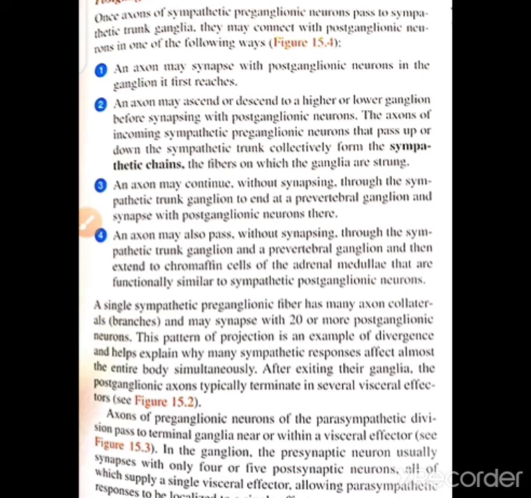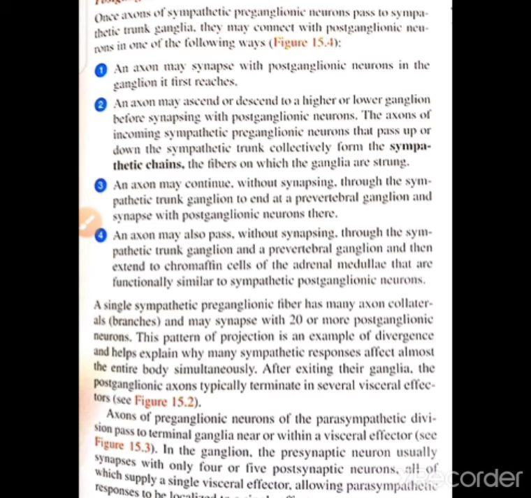So this reflects why sympathetic activity affects most of the entire body simultaneously, because it is synapsing with 20 or more postganglionic neurons. After exiting their ganglia, the postganglionic axons typically terminate in several visceral effectors.